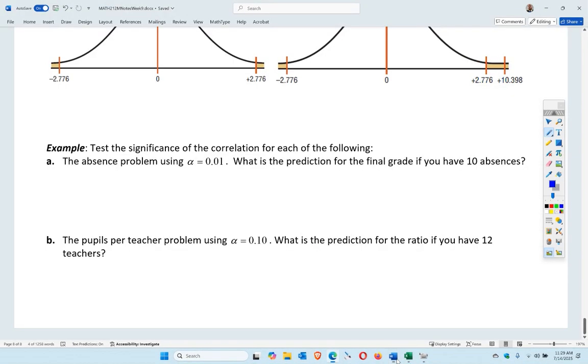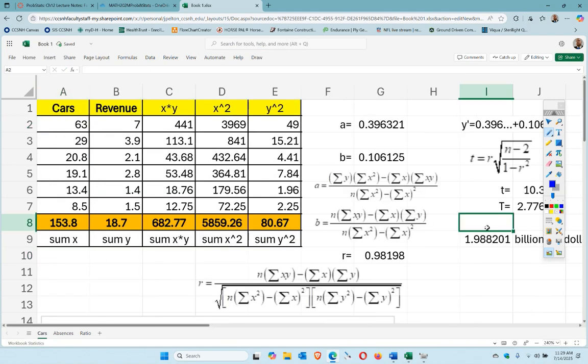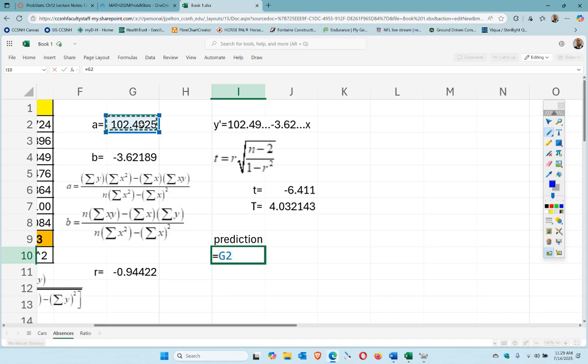Okay, so what did the question ask? What if we have 10 absences? Okay, so we'll say prediction. Over here, we'll say the same thing, prediction, because again, that's why you had the little y hat there, because it's a prediction, not exact. So equals a plus b times 10 absences, right?